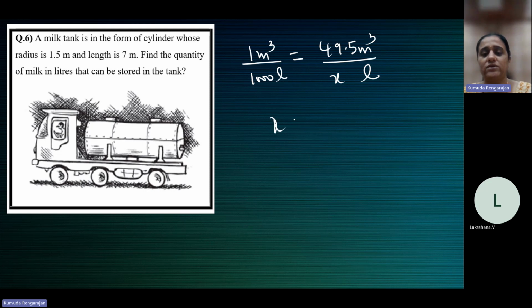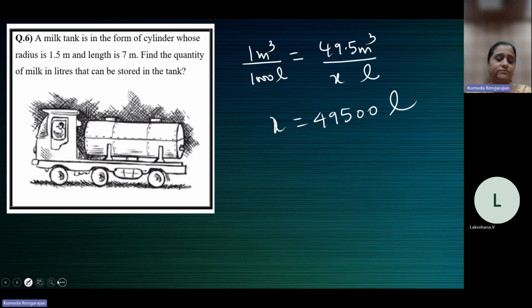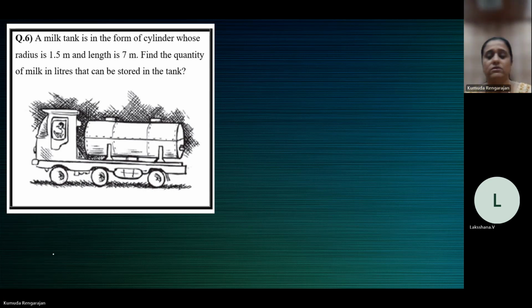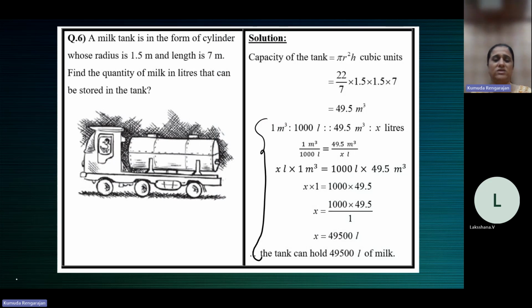X into 1 is X is equal to 49.5 into 1000, which is 495 followed by 2 zeros. Finished, we got it. So it need not be so much in detail. You don't have to give so many steps. All right.